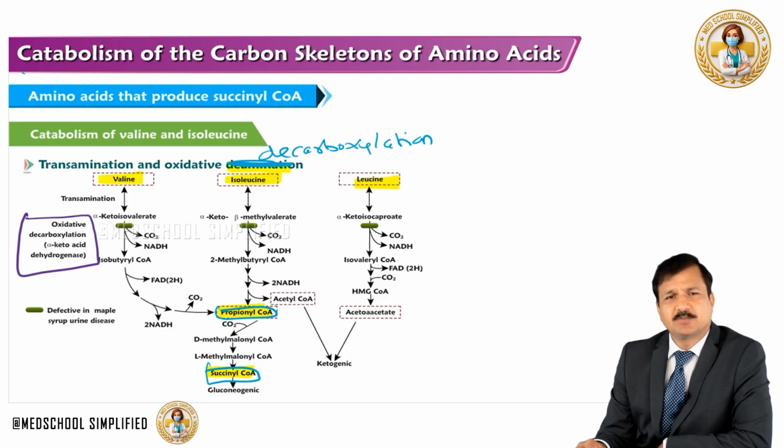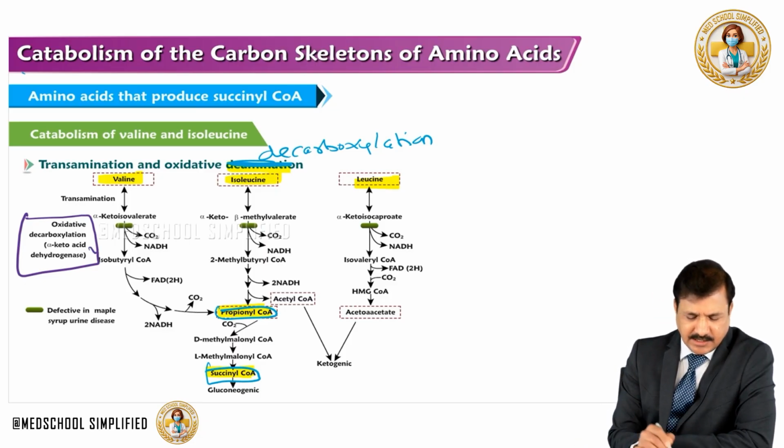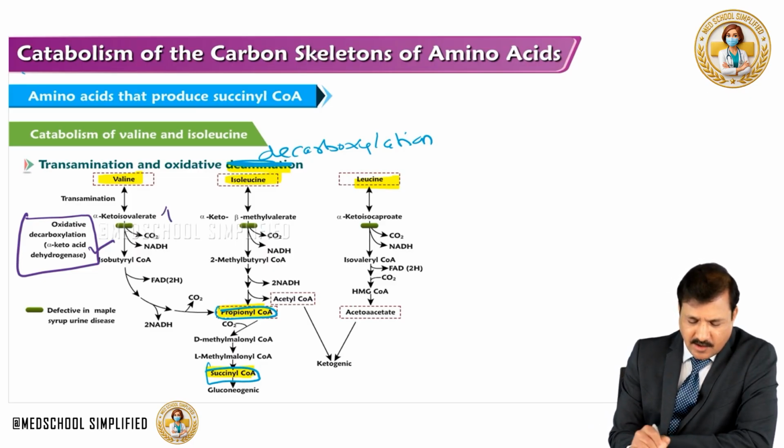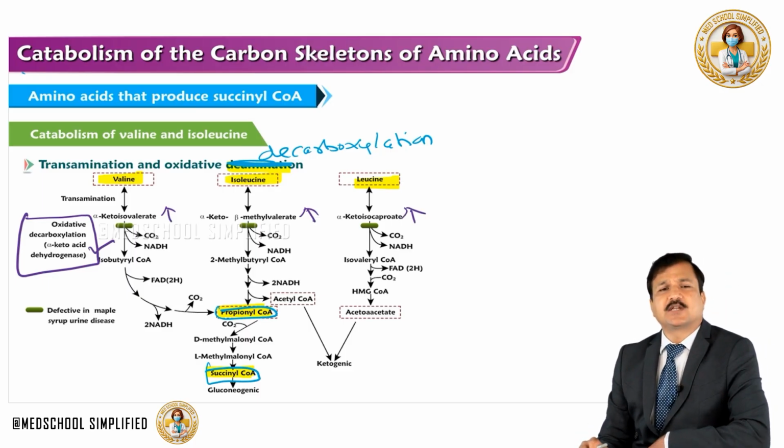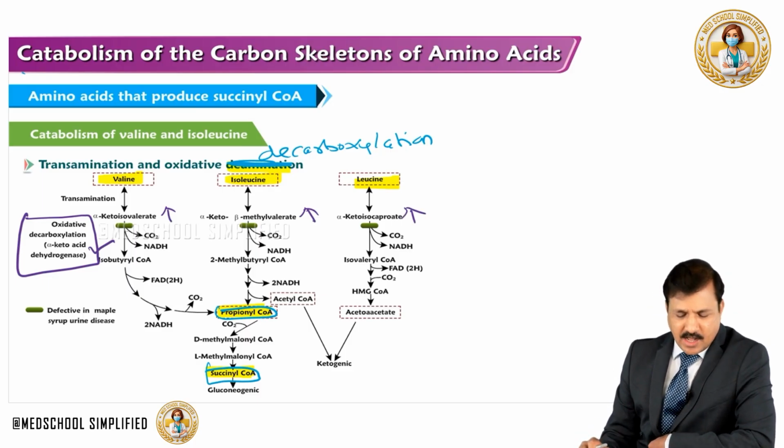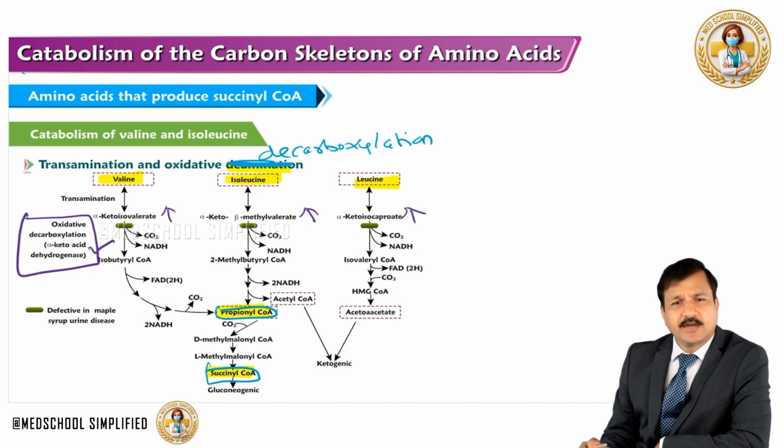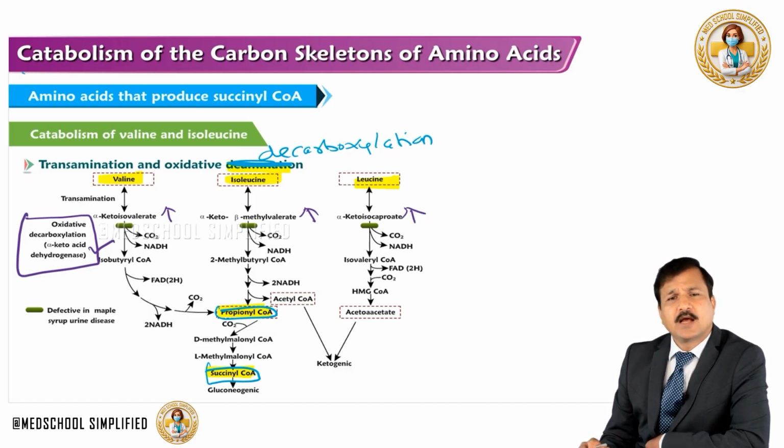The name of the enzyme is branched chain alpha keto acid dehydrogenase. It will lead to elevation of the keto derivatives of all three branched chain amino acids, that is alpha keto isovalerate, alpha keto beta methylvalerate and alpha keto isocaproate.